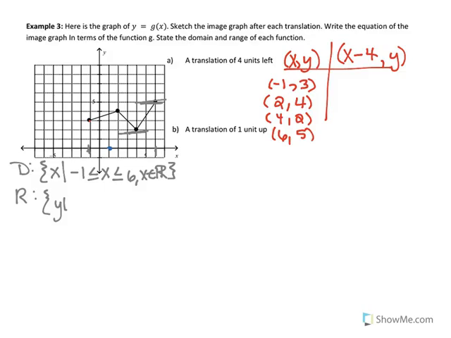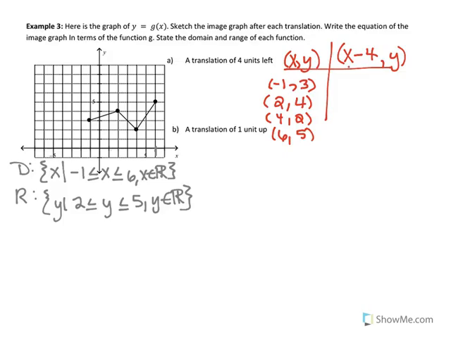So what is that? 2 less than or equal to y, less than or equal to 5? Yeah, 5. Okay, I always forget to do domain and range, and you have to do it pretty much on every question, so we'll make sure we do that.